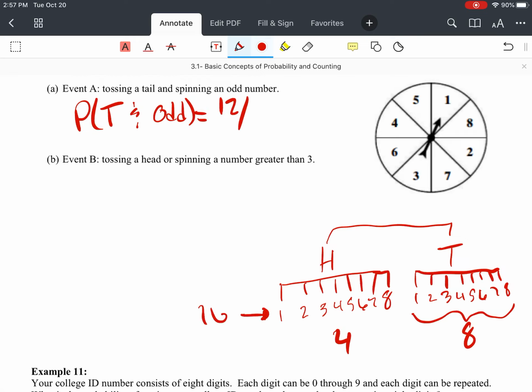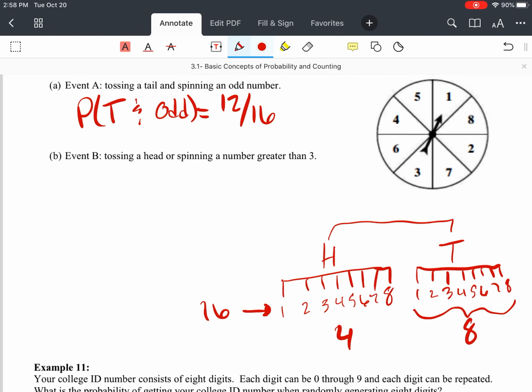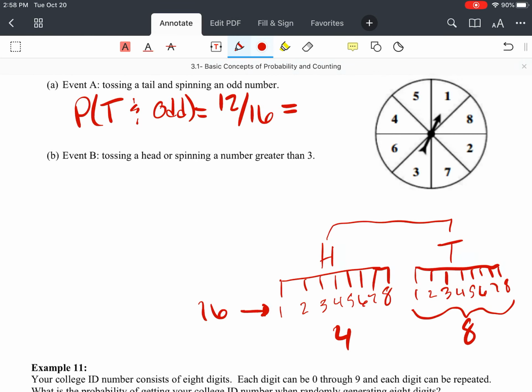Well, if we count the bottom row up, we have a total number of 16 outcomes. So we have 12 over 16, which is approximately 75%.